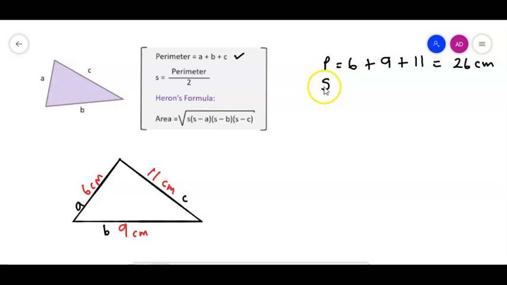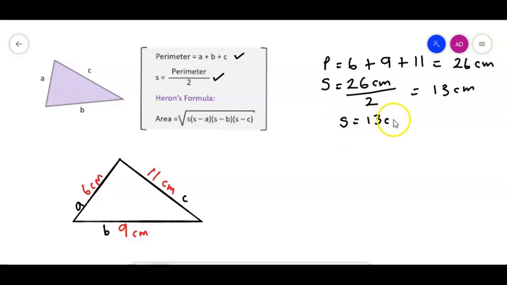And then the semi-perimeter is the perimeter divided by 2. So it's 26 centimetres divided by 2, which is 13 centimetres. So now we have S, our semi-perimeter, equals 13 centimetres.